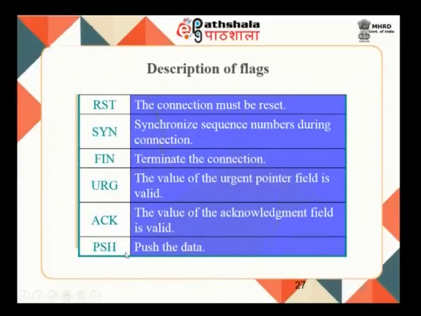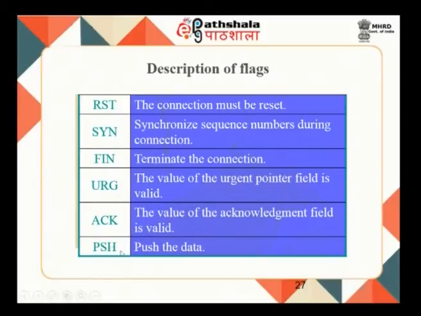The other flag that we have is the push flag. Push is used whenever the sender side application wants to push the data out quickly to the other side, and this push data has to be delivered to the receiver process quickly. Otherwise, normally it would wait for the sequence of exchanges to be complete.